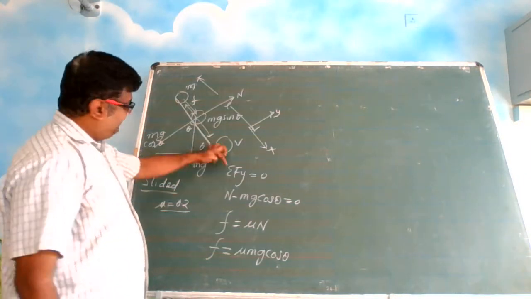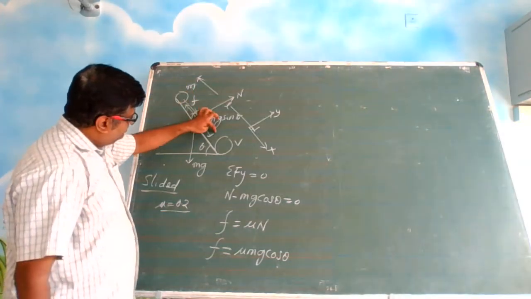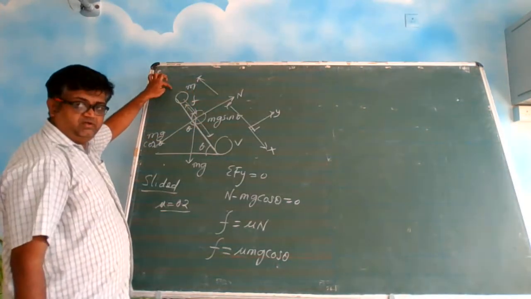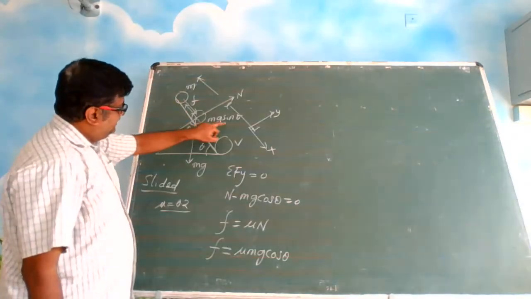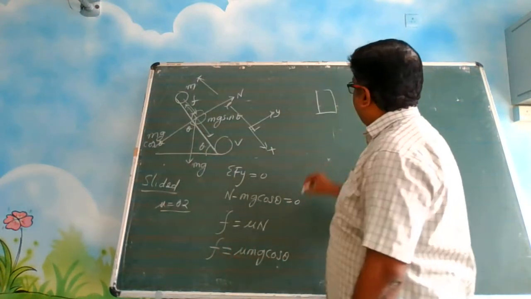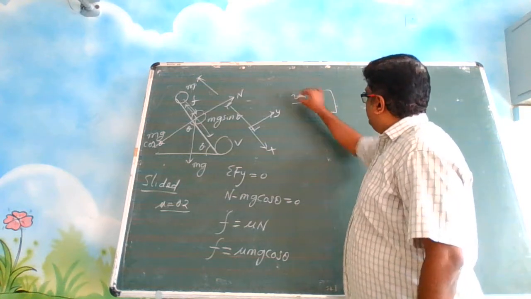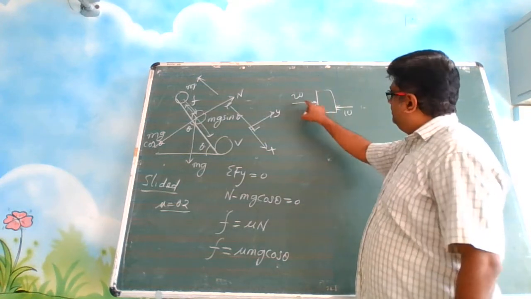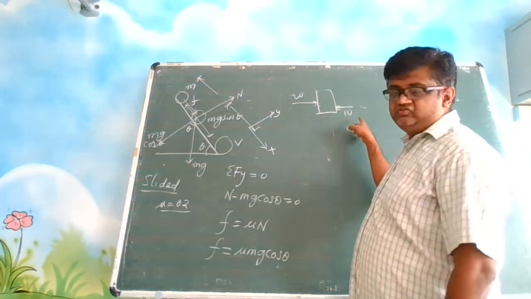Now, coming to the x direction, this ball is coming down, there is a friction force in the upward direction. What is the net force? One student always gets confused. See, 20 Newton, 10 Newton. Where is the net force? Towards the right. How much? 20 minus 10.